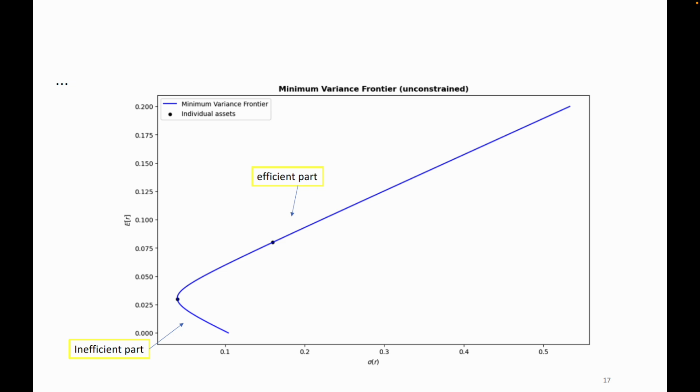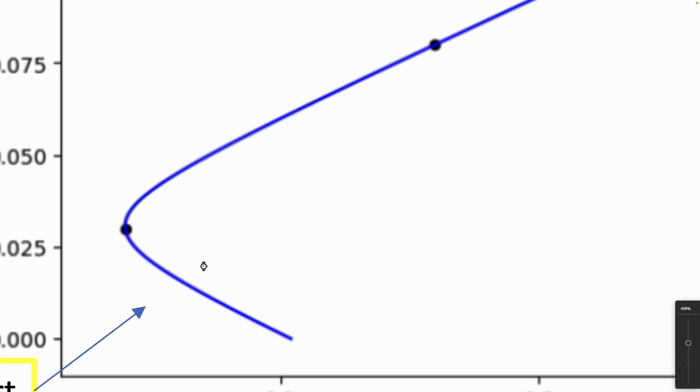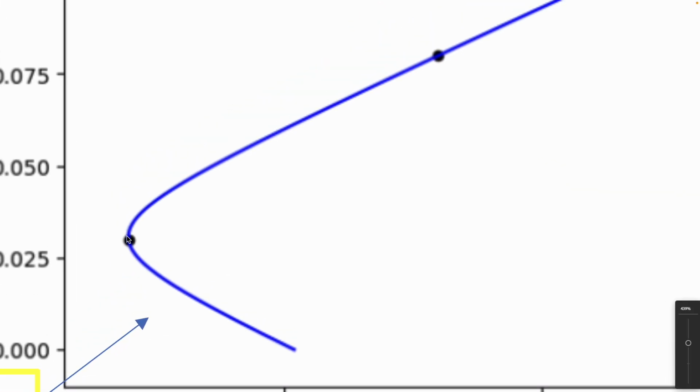So we have to compute that ourselves in order to then focus on the efficient part, which is also called efficient frontier. Now, geometrically, the efficient frontier starts with the global minimum variance portfolio, which is slightly above the debt fund. So we have a bit of free lunch, and then it's on this concave shape here.